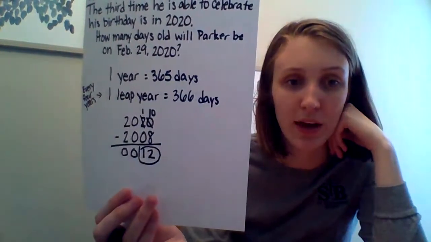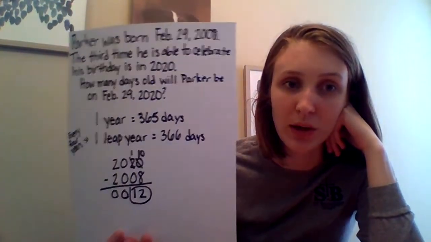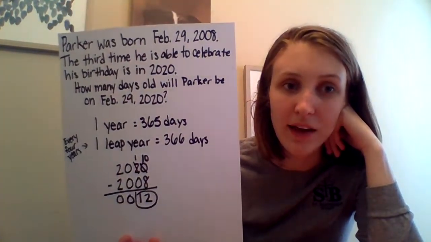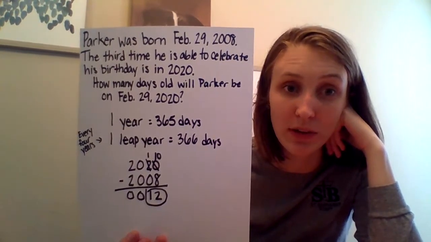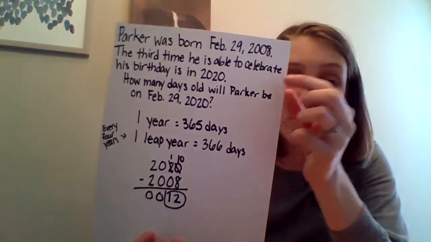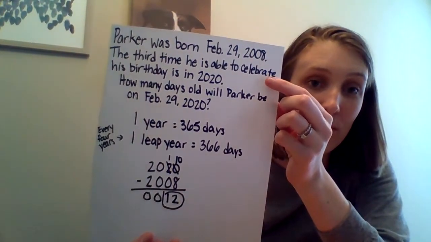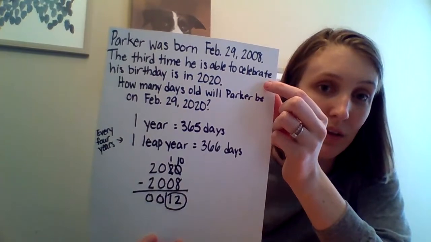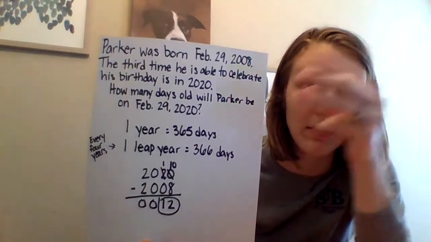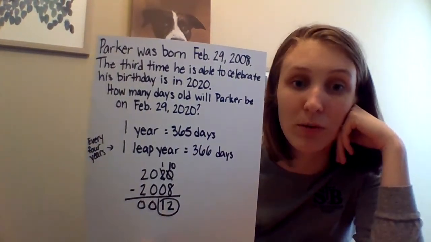That means that he would be 12 years old at that time. In that time, 3 of those years would have been leap years, because it said the third time he's able to celebrate his birthday is in 2020. The other times would have been normal years.